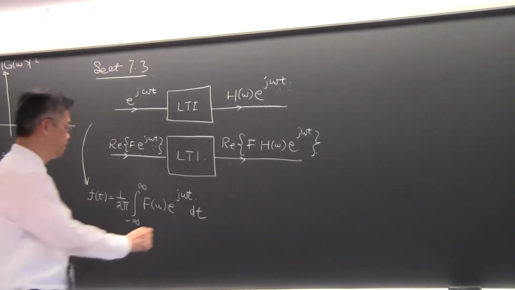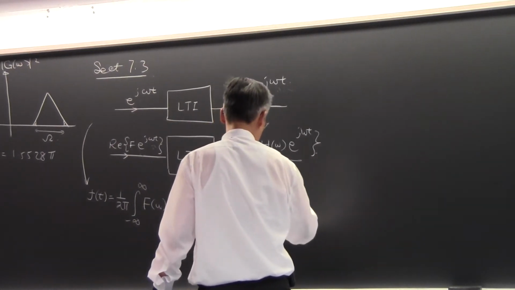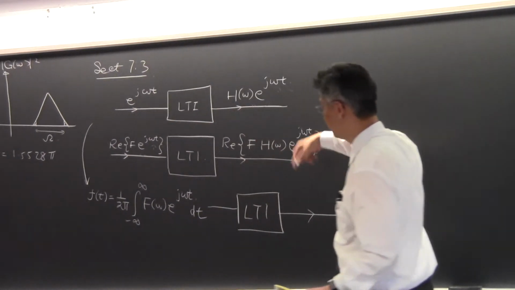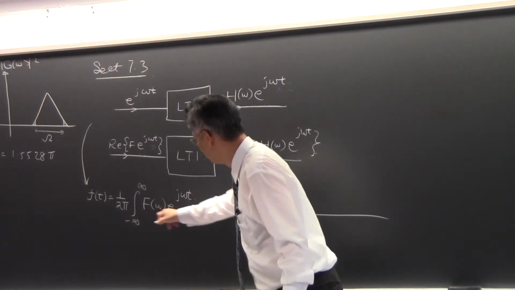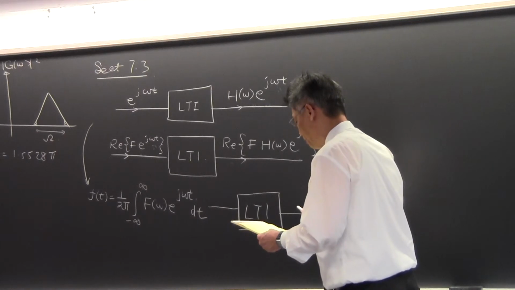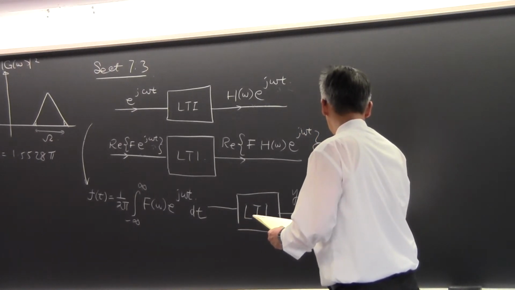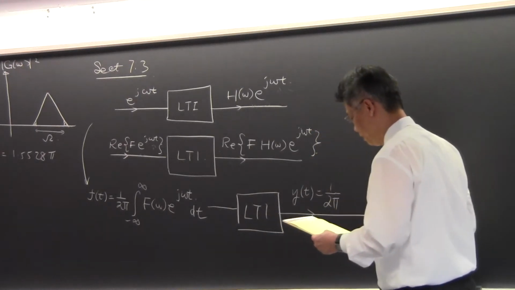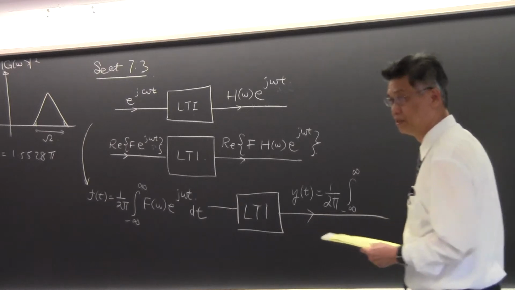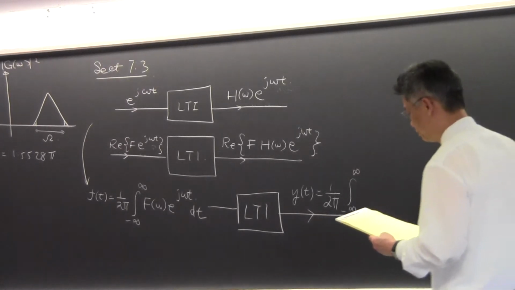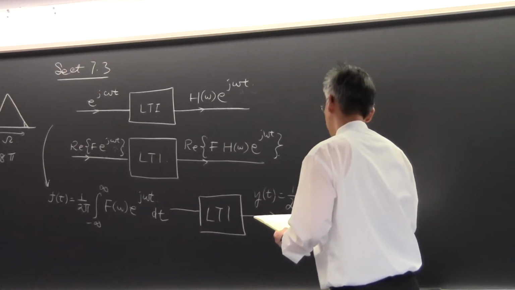If this is the input to the LTI system, by the logic of this diagram, if every harmonic gives this output, then the sum of these harmonics will give an output that looks something like this. Just by the principle of linear superposition, because an integral is a summation of some sort.